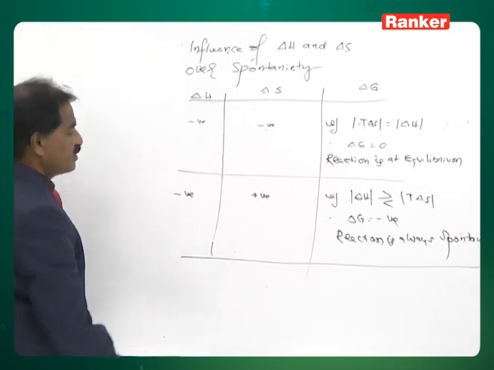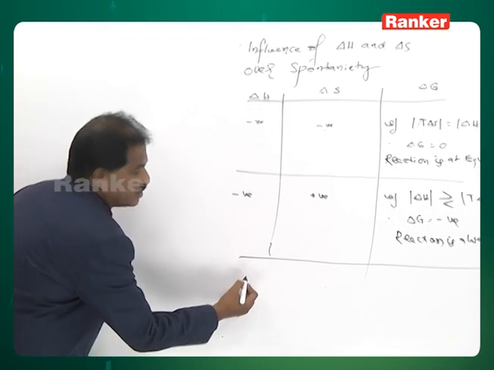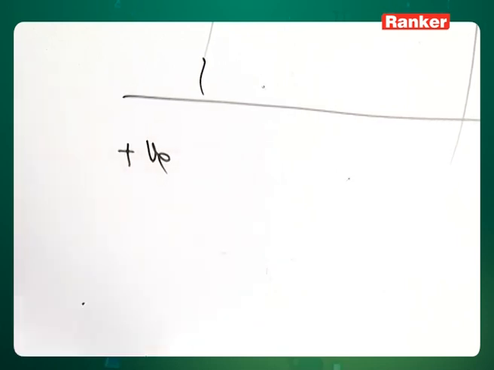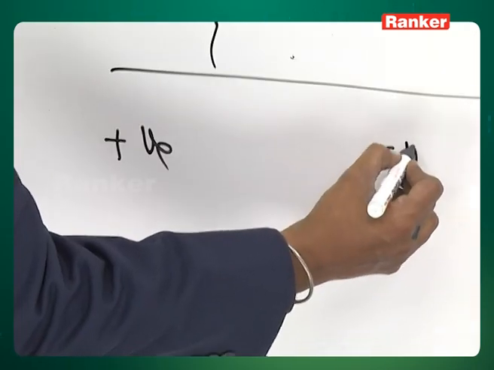Next, another condition: the reaction is always non-spontaneous. So, when will the reaction be always non-spontaneous? Say, for example, if the enthalpy change is positive and the entropy change is negative.